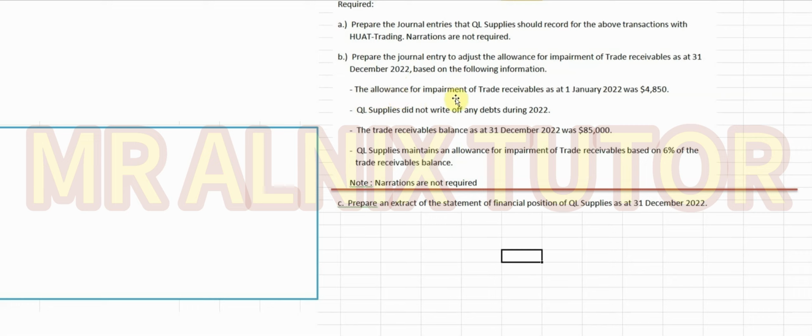The allowance for impairment of trade receivables as at 1st January 2022 was 4850. That means the balance on 1st January is 4850. Now, the second point is QL Supply did not write off any debts during 2022. That is good news. We need not bother about this.